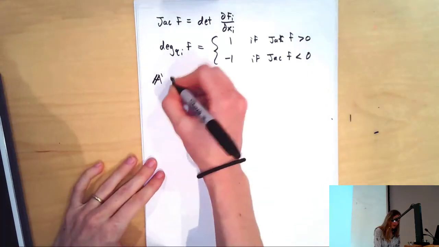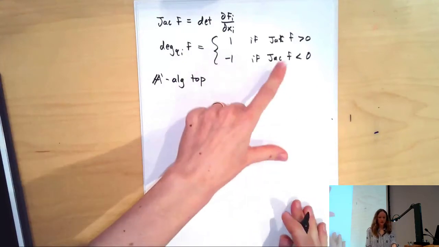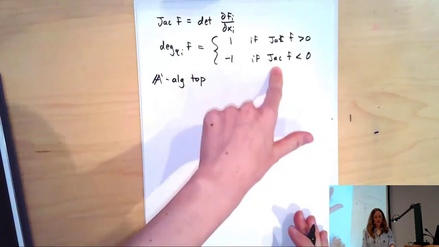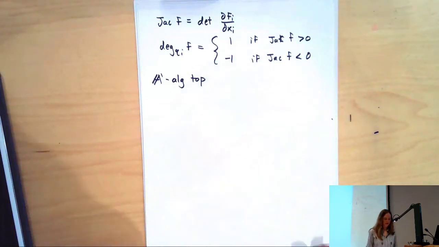So in A1 algebraic topology, Lan and Morel said, instead of just remembering the sign, like the signature of the Jacobian of f, let's remember the entirety of the Jacobian of f.